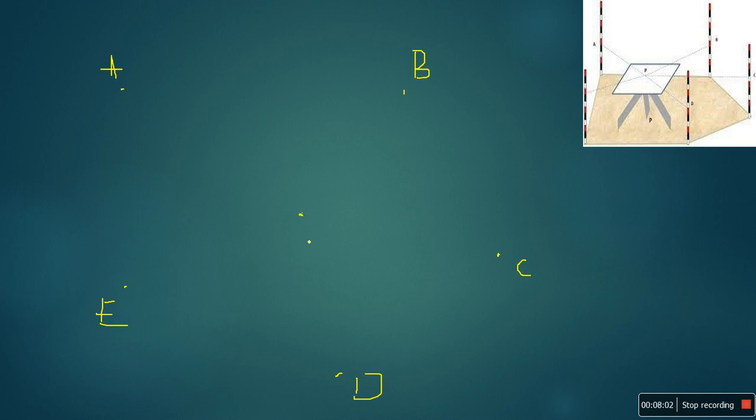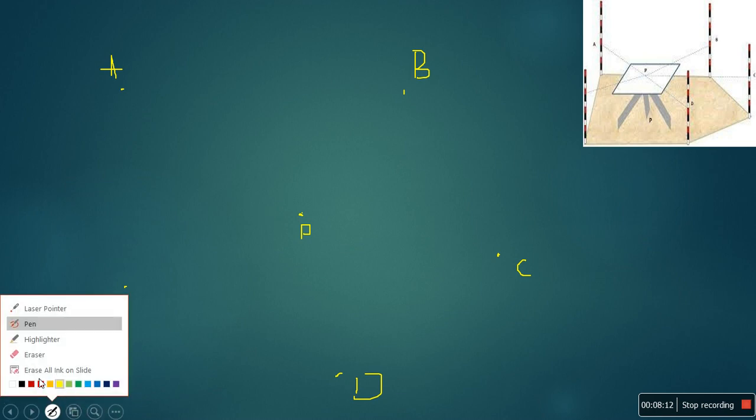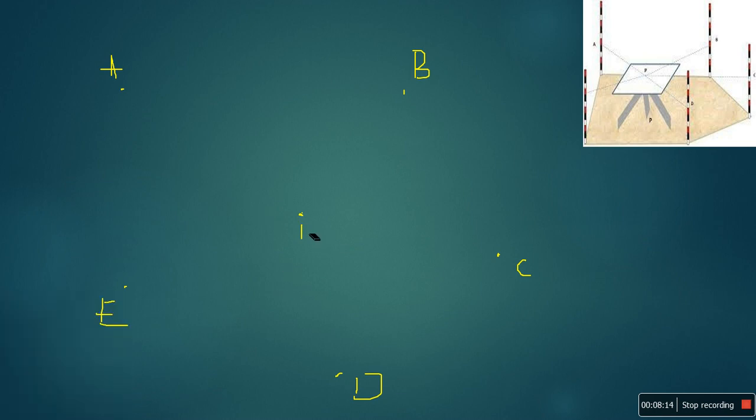This is the point I am considering as our plane table instrument station, that is capital P. Now, I am erasing this.